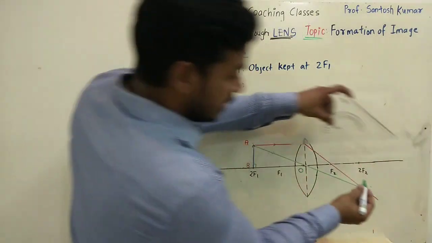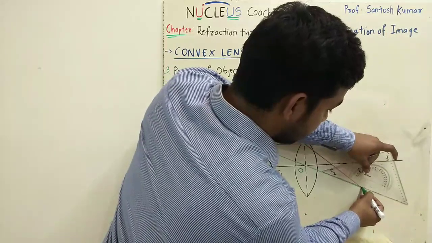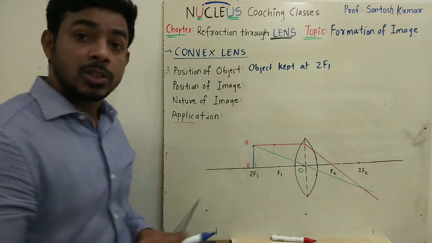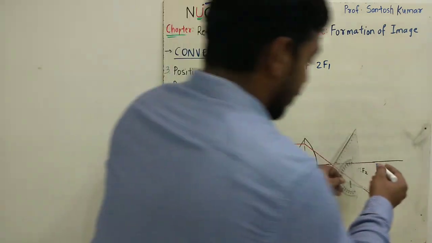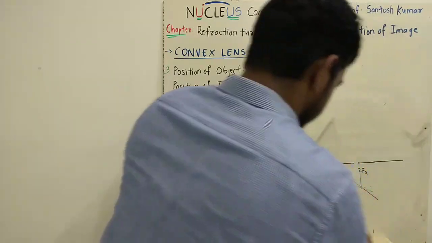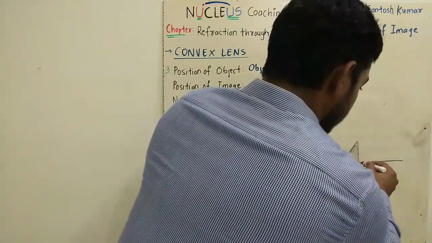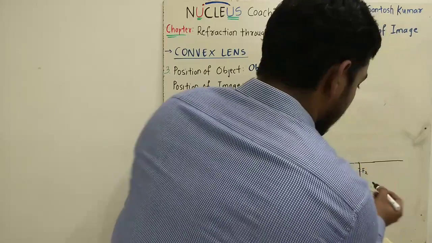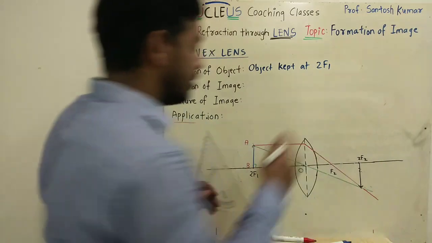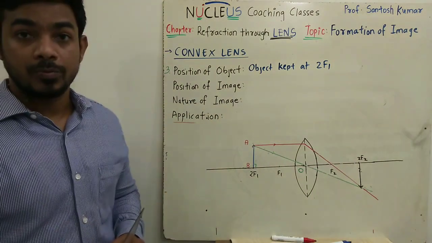So this is the point where the rays are intersecting, so definitely this will be the position of the image. If I draw the image at this point, I can see that the image is exactly formed at 2f2, right?